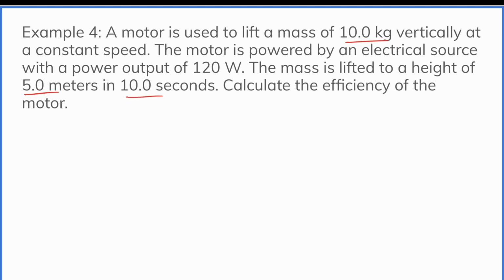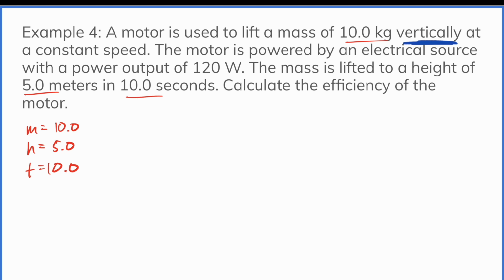And so what we can do is figure out how much power it would take to lift a 10 kilo mass 5 meters high in 10 seconds. So our mass is 10 kilos, the height we travel is 5 meters, and the time is 10 seconds. One clue we have here is this is being lifted vertically up.